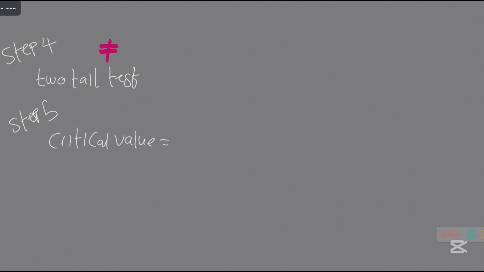What you do is that you get your new level of significance, that's the level of significance divided by 2. Remember I told you that for a two-tailed test, the normal distribution graph is like this, left hand side, right hand side, and your alpha will be divided by 2.